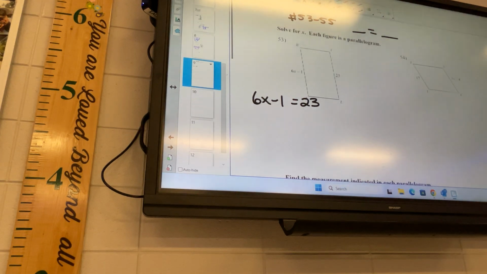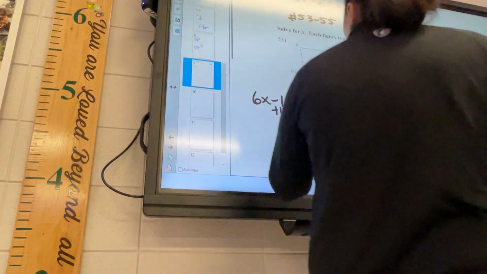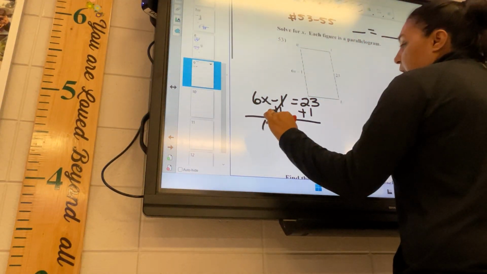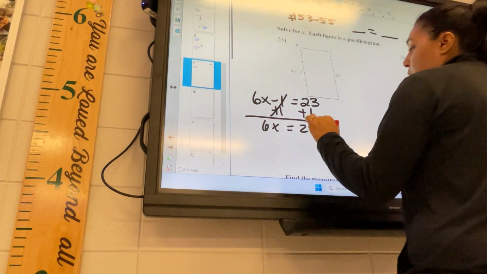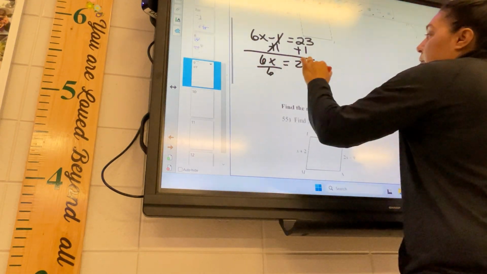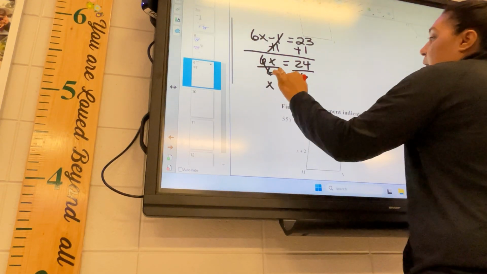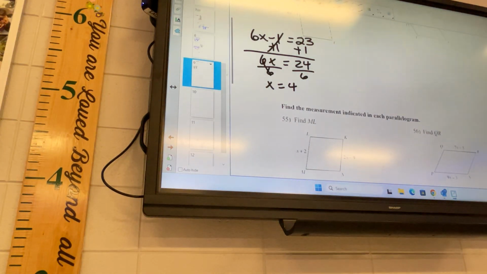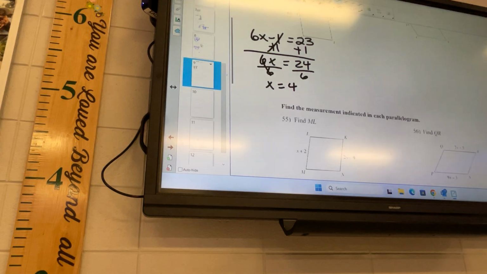Plus 1. We're going to add 1 to both sides. Good. And so I got 6x equals 24. Divide by 6, and then divide by 6. Good. Good job, bud. So x equals 4. Do we stop or keep going? Stop. It says solve for x, and we did just that.